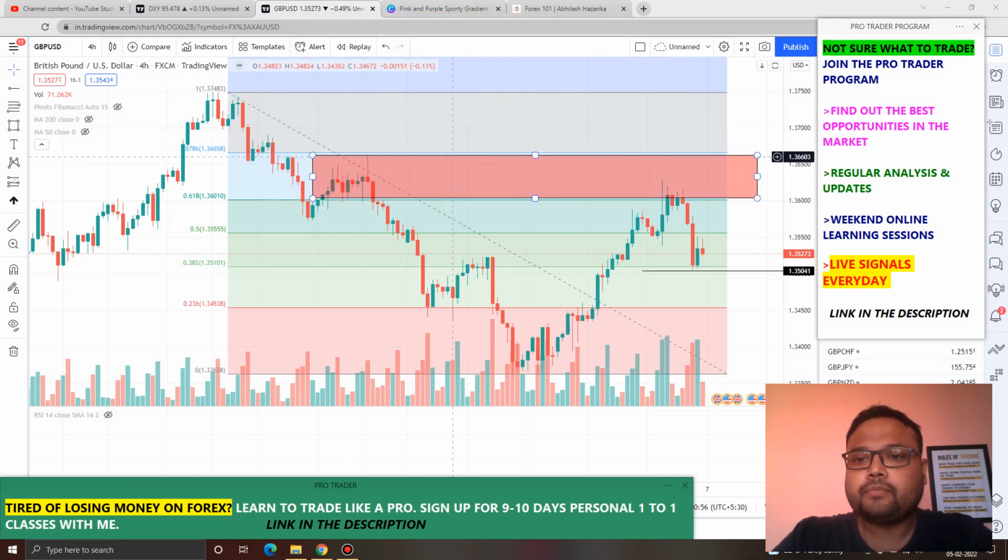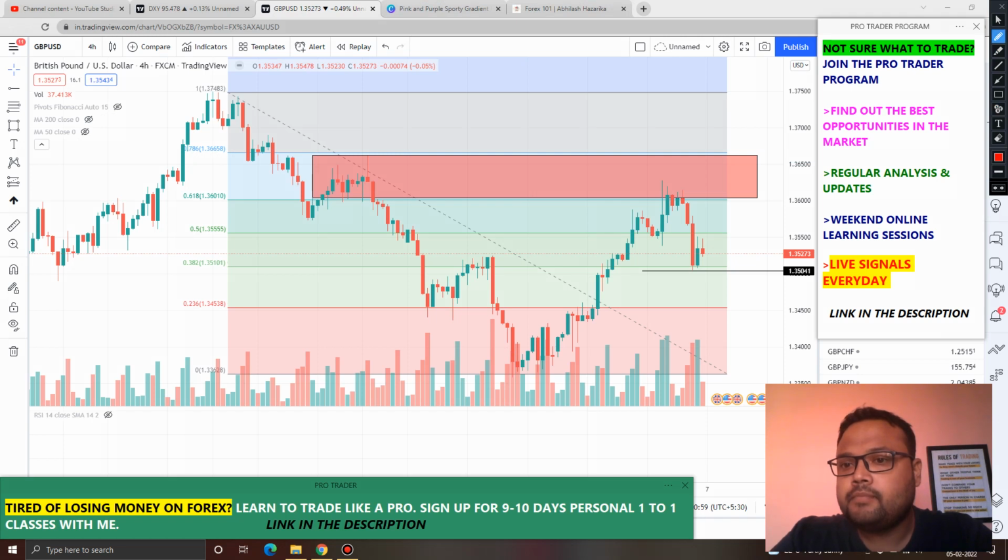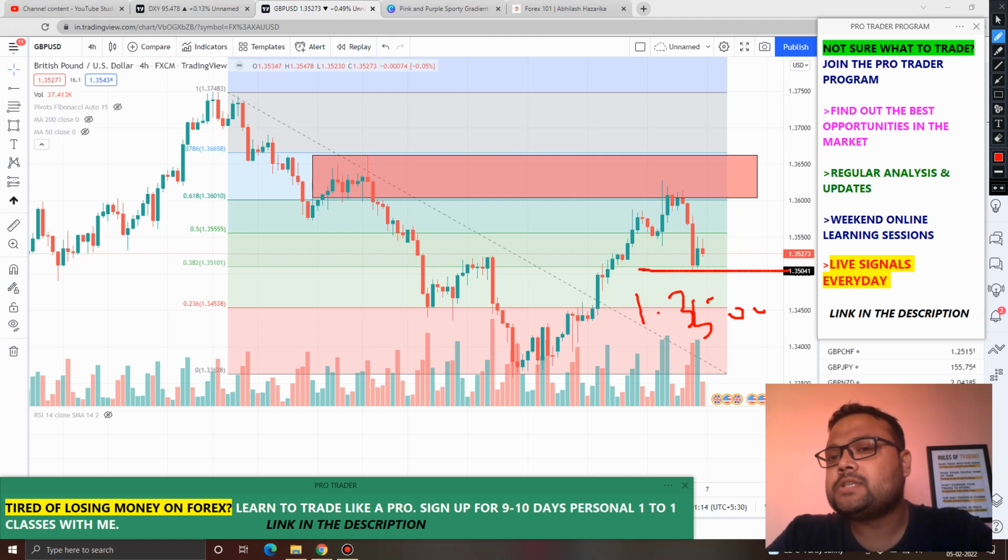Clear? And on the downside, we have 1.3500, and this is also our Fibonacci retracement level here. We saw yesterday that the market was trying to form a temporary support here.